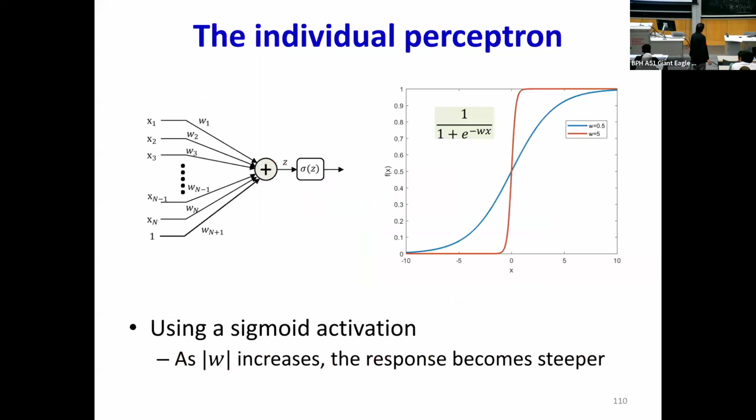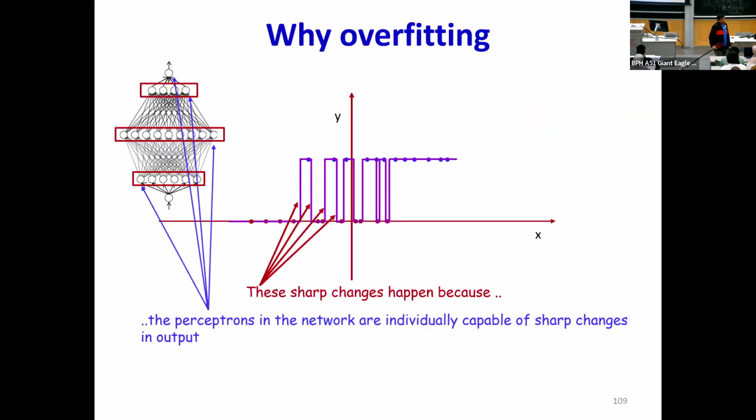But the sigmoid has this parameter w, and as I increase w, the sigmoid gets steeper and steeper. In the limit, when w becomes infinity, the sigmoid is just going to become a step function, right? This is going to be true of every activation function you use. If the slope is very large, it's going to eventually just give you a discontinuous function. And so that is why the network can learn something ugly like this, right?